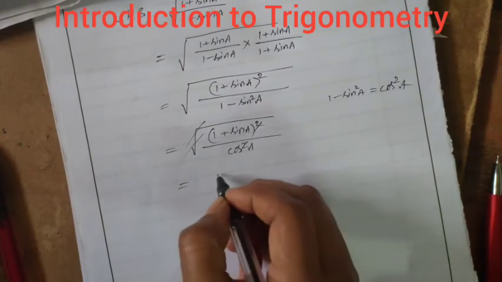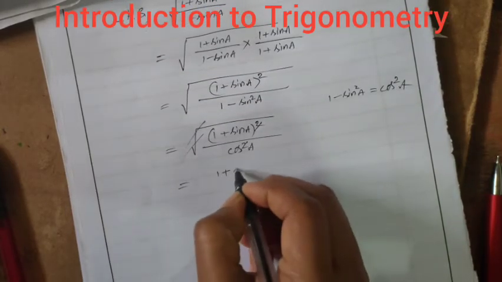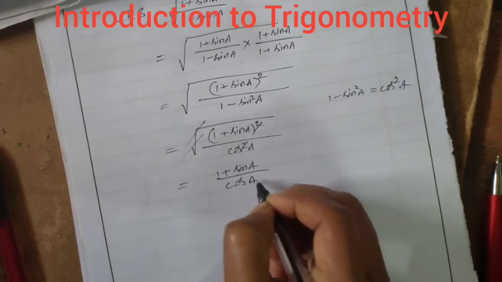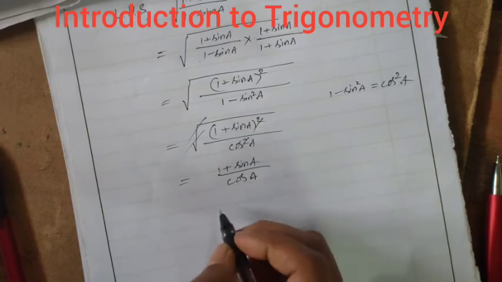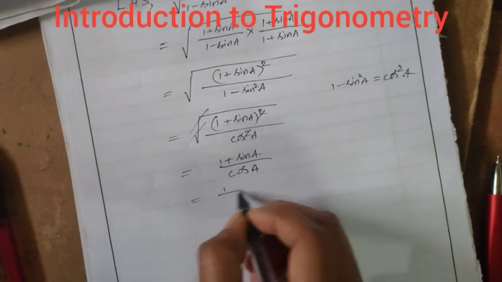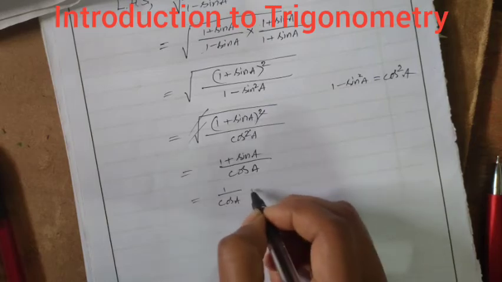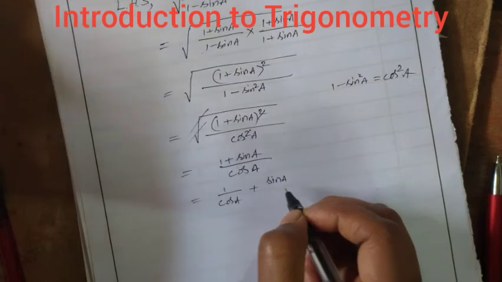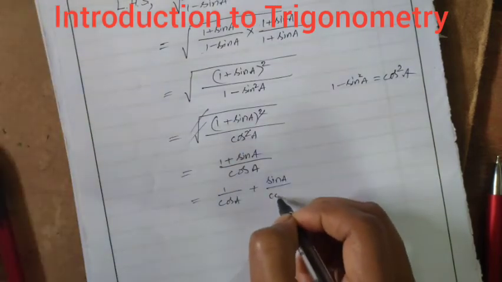Now it becomes (1 plus sin A) divided by cos A. So now we can split this: 1 by cos A plus sin A by cos A.